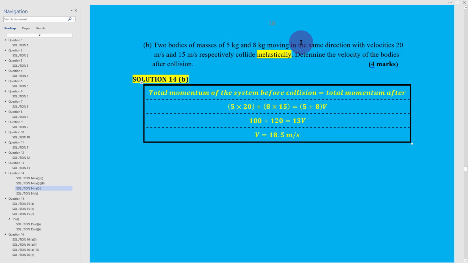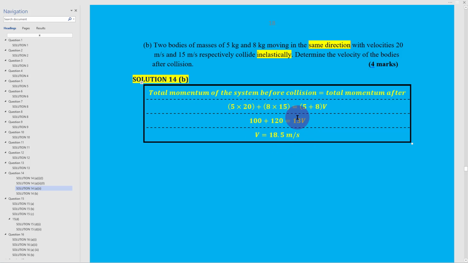Now, because they are moving in the same direction, when it comes to adding their momenta, it becomes very easy. So it is this momentum, which is mass times velocity, plus this other momentum, is equal to, because the two bodies stick together, I've got to add their masses together and multiply by the common velocity.